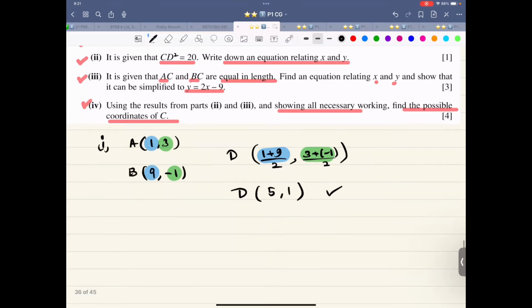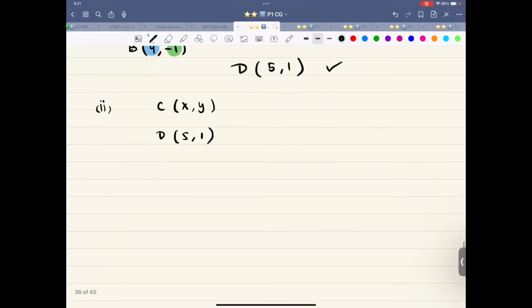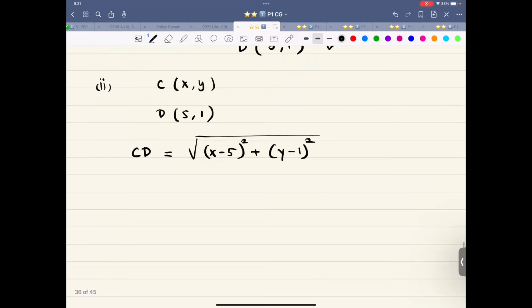It is given that CD square is 20. Now C is x comma y. D is 5 comma 1. CD square, basically distance formula. So CD is square root of x2 minus x1 whole square, y2 minus y1 whole square, the whole thing under root, that is CD.